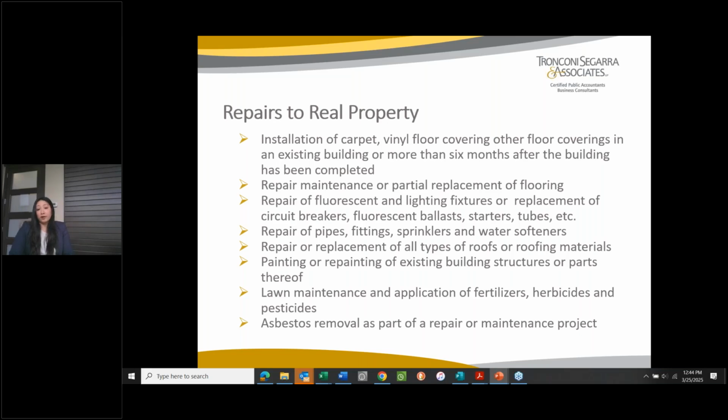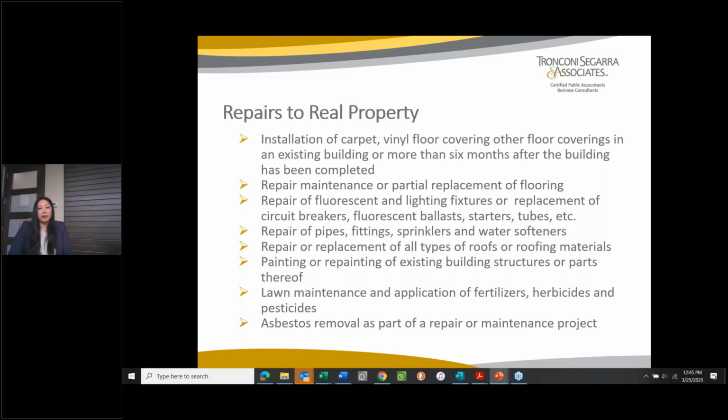Repair and maintenance of partial replacement of flooring. So say your roof leaked in your living room and it got a section of the floor wet, wood flooring perhaps got that wet and then had to be ripped up and replaced. If you're only doing a section of it, that would be a taxable repair job. Repair of lighting fixtures, repair of electrical components, or replacement of small electrical components would be considered repair and maintenance.